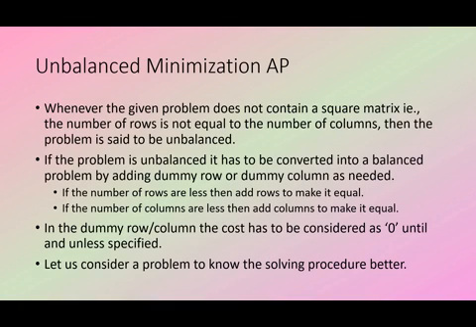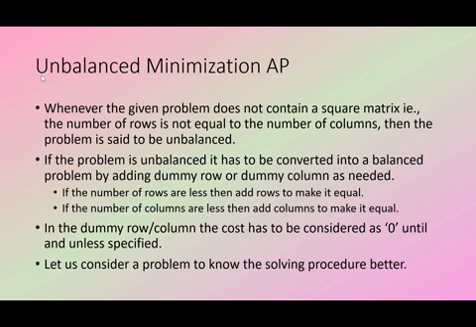Here, the problem is a minimization case only, but it is unbalanced, right? We will see how to solve this problem by converting it into a balanced minimization and then applying the Hungarian method, right? So shall we start off?